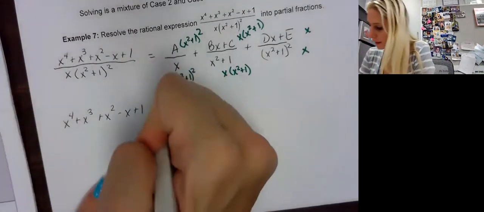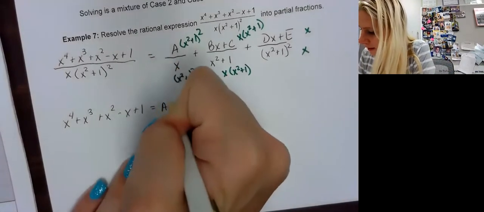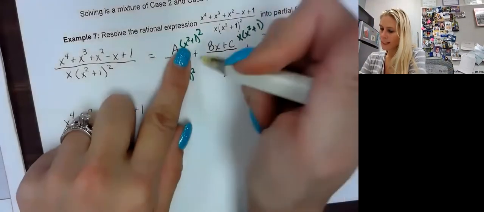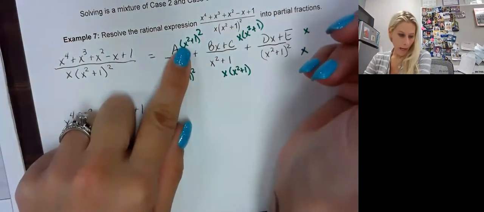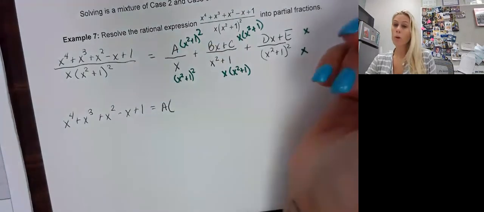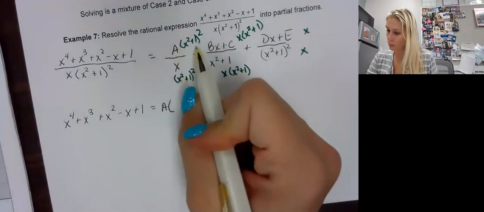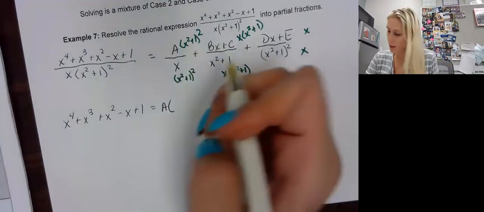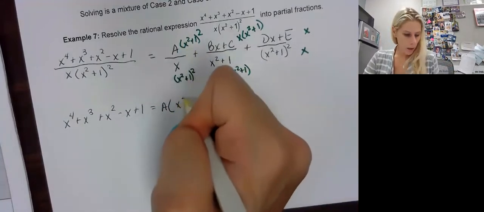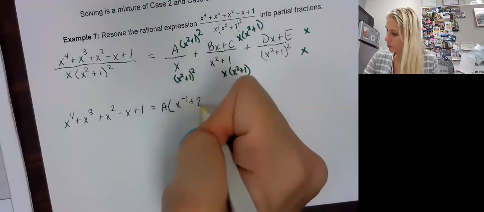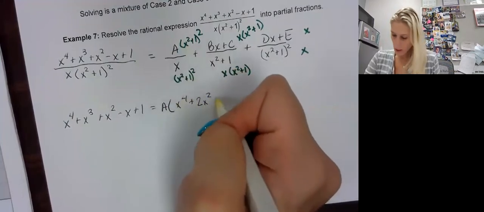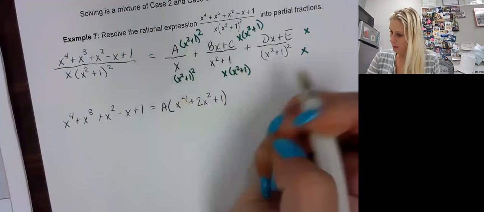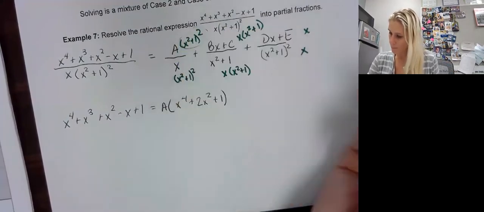Here's what I'm going to do, guys. I'm going to put down this a, but instead of actually saying x squared plus 1 squared, I'm going to FOIL that out or do my box, depending on what you guys want to do. So x squared plus 1 times x squared plus 1 is x to the 4th plus 2x squared plus 1. And remember, that's where that came from.